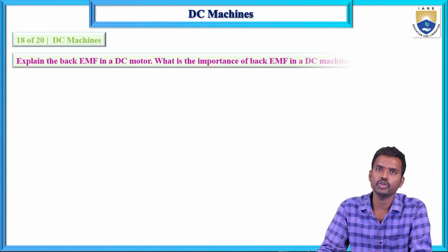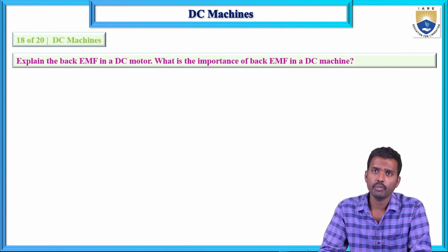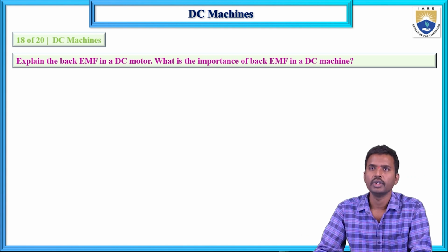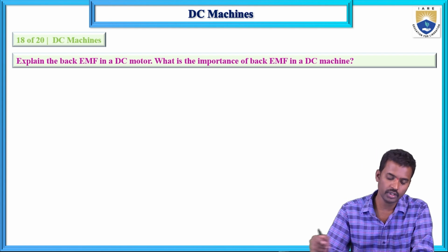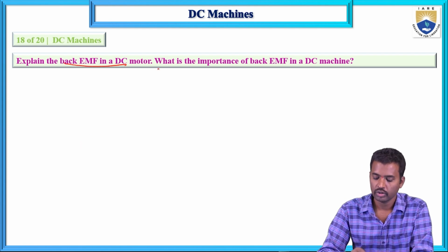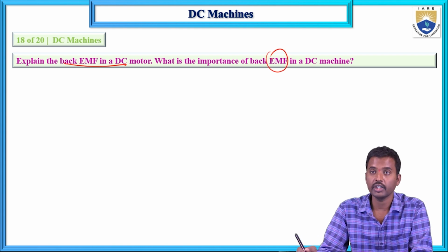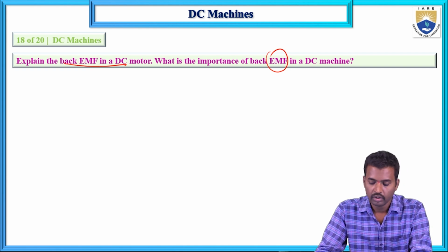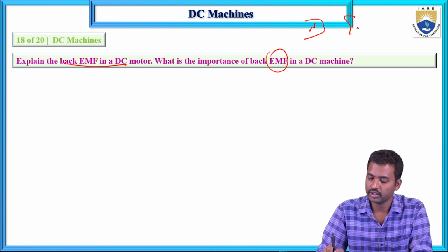Next, 18th question. Explain the back EMF in a DC motor. The counter EMF developed in the armature of the DC motor is known as the back EMF. The importance of back EMF in the DC machine, I already explained in the working principle of the DC motor. Here this is the north pole and this one is the south pole.